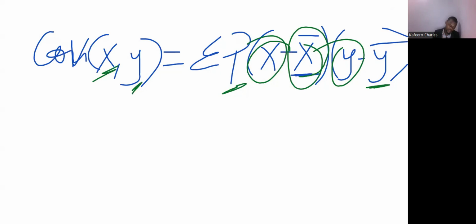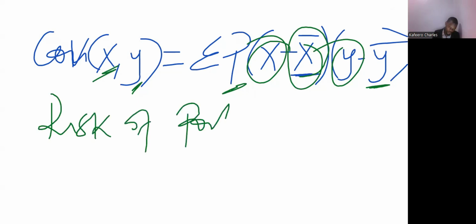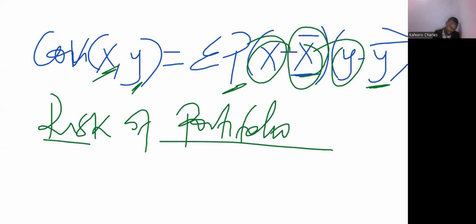So we've seen that for you to be able to compute the risk of a portfolio, you need to understand there are very many formulas involved. The first one is the exact formula for computing the risk of the return.